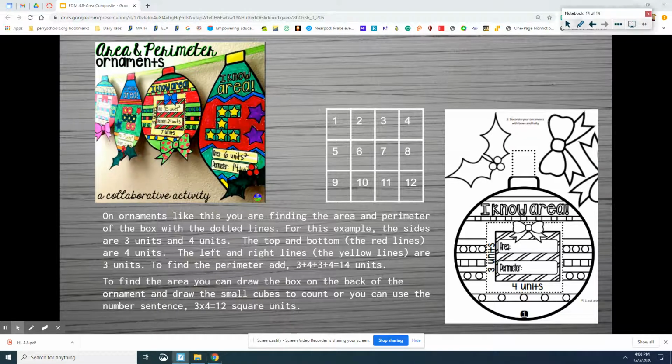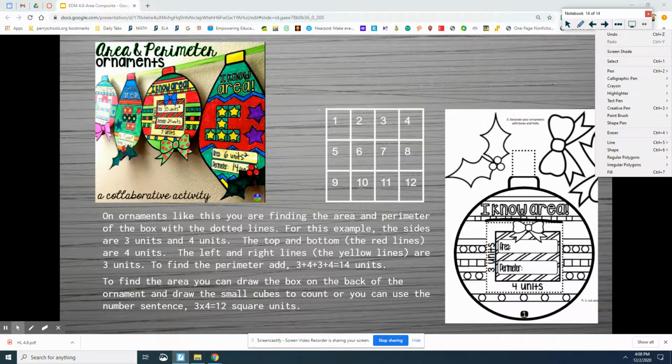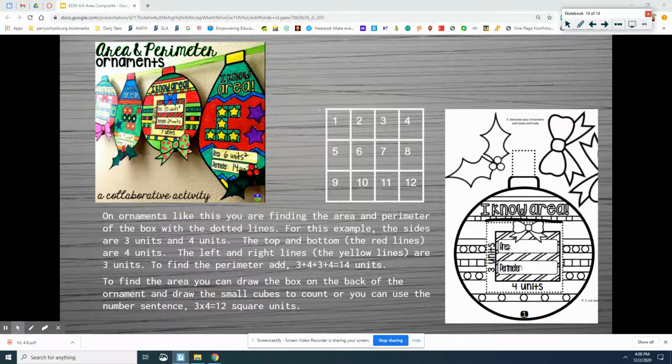So here's my dotted line right here. Maybe I should do this in a colored pen. So here's my dotted line. This is the box that I'm trying to find the area and perimeter of. So I know that one side is 3 and the other side is 4. So I can say that this is 3 and then this one's 4.